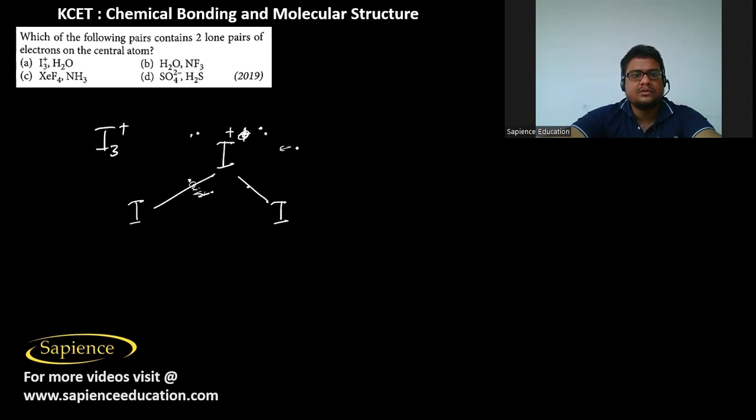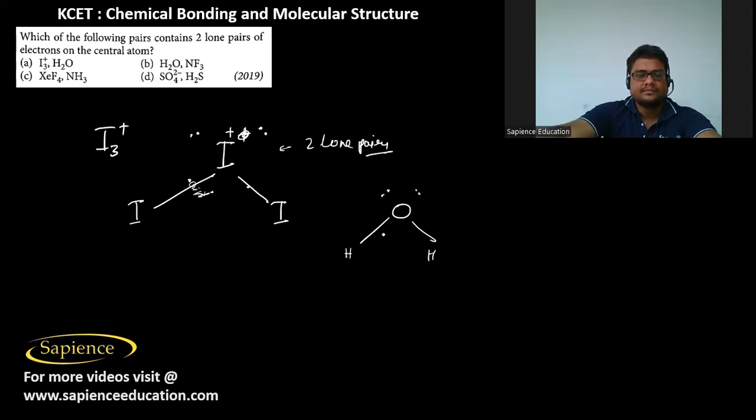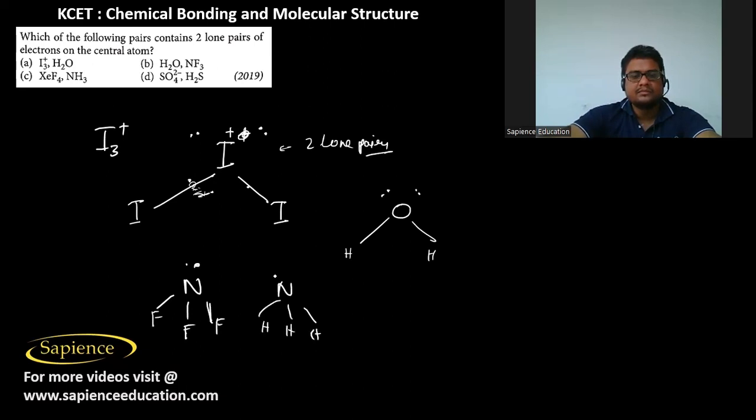So here it has got two lone pairs on the central atom, and in case of H2O also, it has got two lone pairs on the central atom. In case of NF3, it has got only one lone pair on the central atom. In case of NH3 also, it has got one lone pair on the central atom. And in case of XeF4, it has also got two lone pairs on the central atom, like 1, 2, 3, 4.